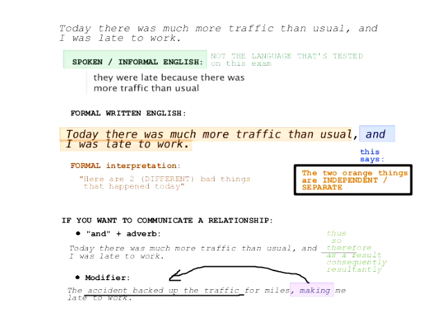So by backing up the traffic, the accident ultimately made me late for work. And that's cause and effect modifier conveys that sort of thing. I mean, these are not the only ways to do this, but the focus of today is is it appropriate to use and, or is it not appropriate to use and? So we'll get more into this in a moment.